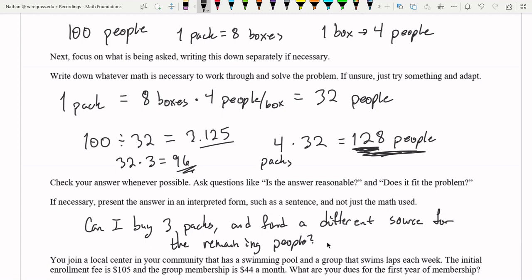So when you're doing the mathematics, you may actually get further questions to ask that you can then analyze. Go to a different store, find a different supplier. Maybe there's different hash browns that you can buy at the store itself that fit a different scenario. But that's how you can use a process to solve application problems.